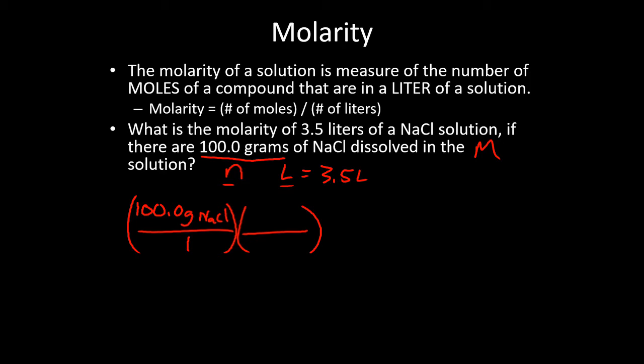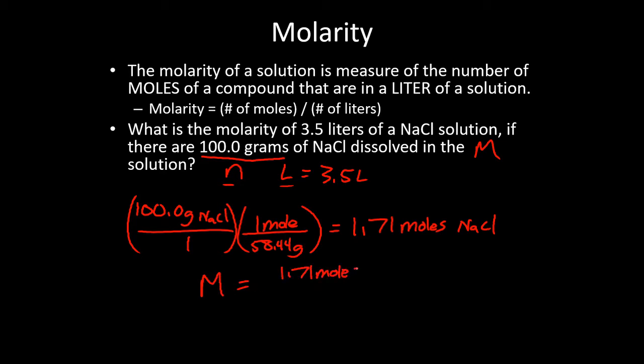So sodium is essentially 22.99, and chloride is 35.45, so that is 58.44 grams per mole. And so if I go ahead and do that division, that is 1.71 moles of NaCl. So then the molarity would just be 1.71 moles divided by 3.5 liters.